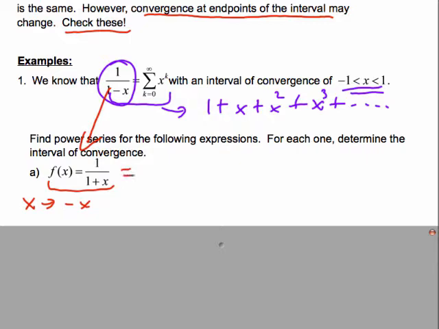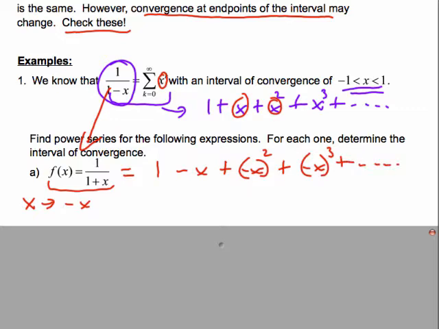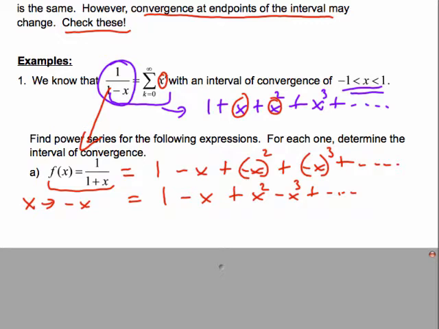And so, just by doing my substitution above, which reduces to this, which I could generalize as negative x to the k, which can also be written this way.